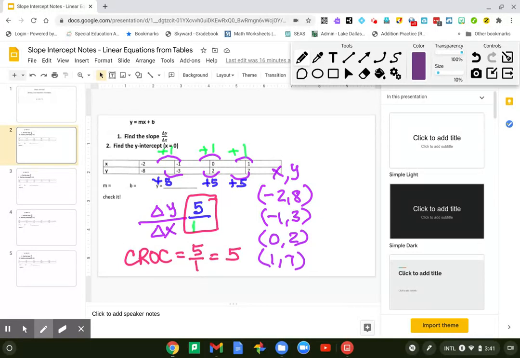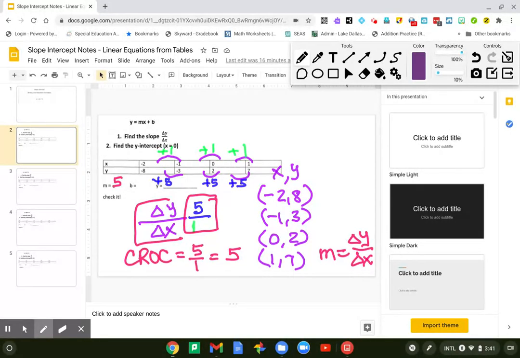I told you in the previous slide that m is your change in y over your change in x. Well, that's what we just found right here. So that means that m is 5.